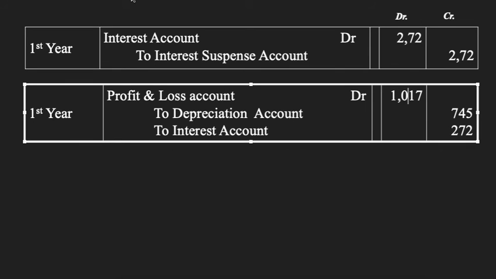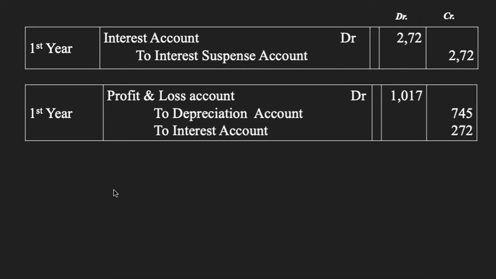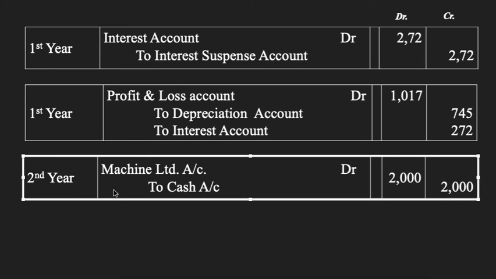Now in the second year, we are paying the second installment. The second installment is of 2000 rupees, and hence the journal entry will be machines limited account debit to cash account, 2000 rupees.